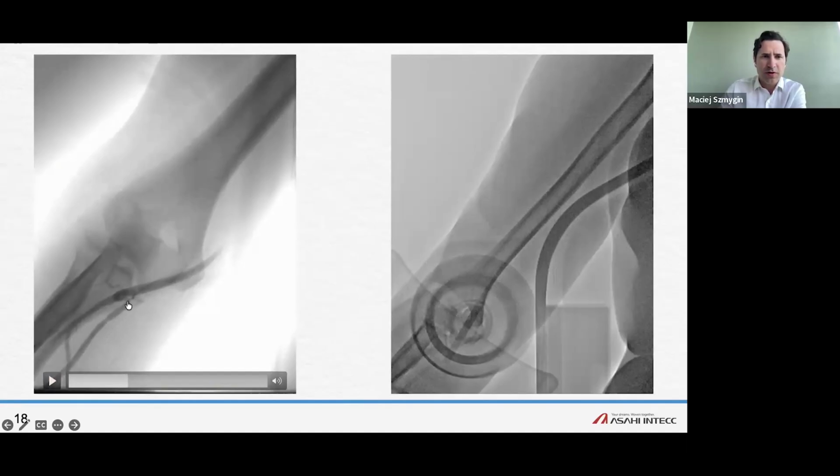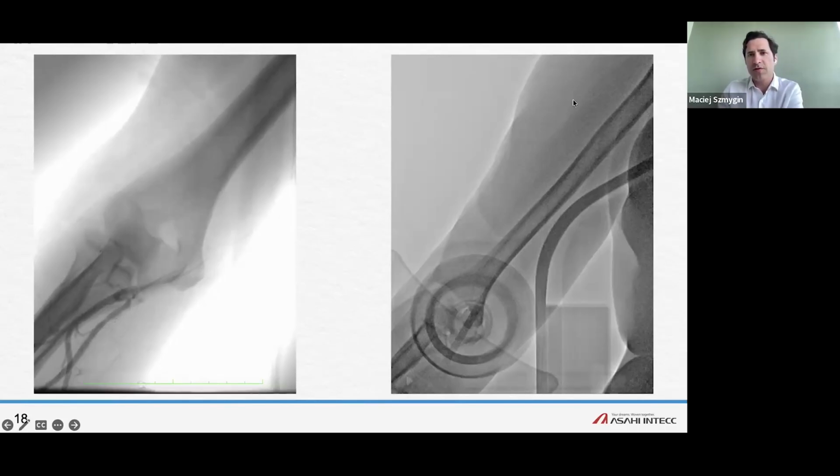There is a small loop, and then there is the small recurrent radial artery, and it's especially deceiving because when we introduce our guiding wire, we have the impression that it goes straight up, so that it goes okay, but then we can have problems. This is the second case, right?